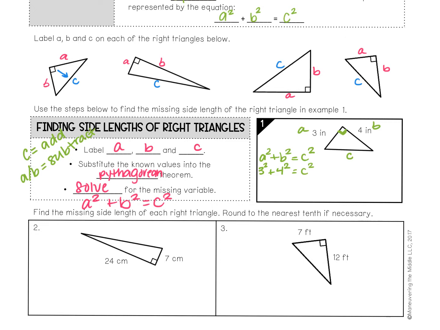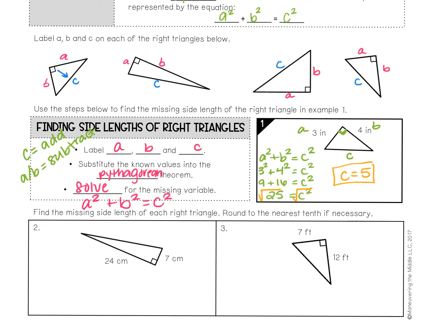So 3 squared plus 4 squared equals C squared. Well, that's 9 plus 16, or 25 equals C squared. Now the opposite of squaring something is taking the square root. So to get rid of C squared and make it just C, I'm going to take the square root of both sides. The square root of 25 is 5. So C in this case would be 5, or the hypotenuse would be 5.